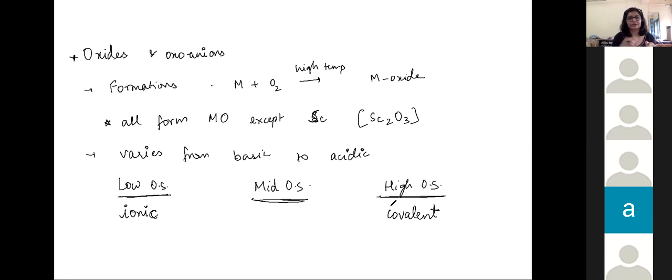So either low oxidation state will be basic or acidic. Your logic is absolutely right. So based on that, do the low oxidation state oxides show a basic character or acidic character?